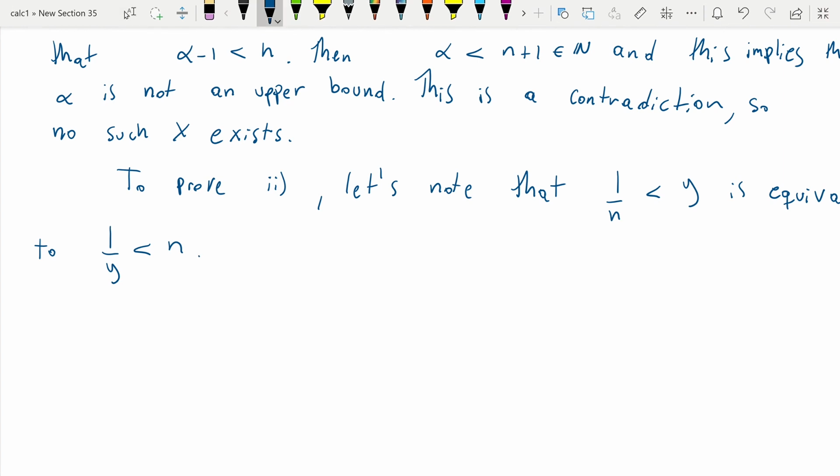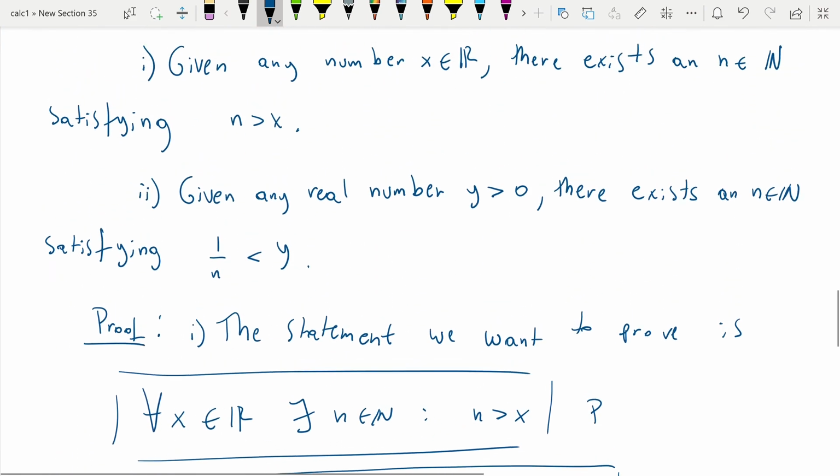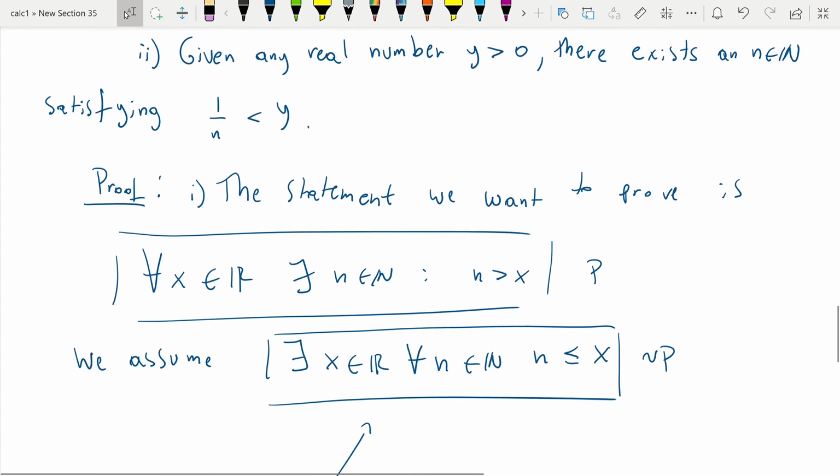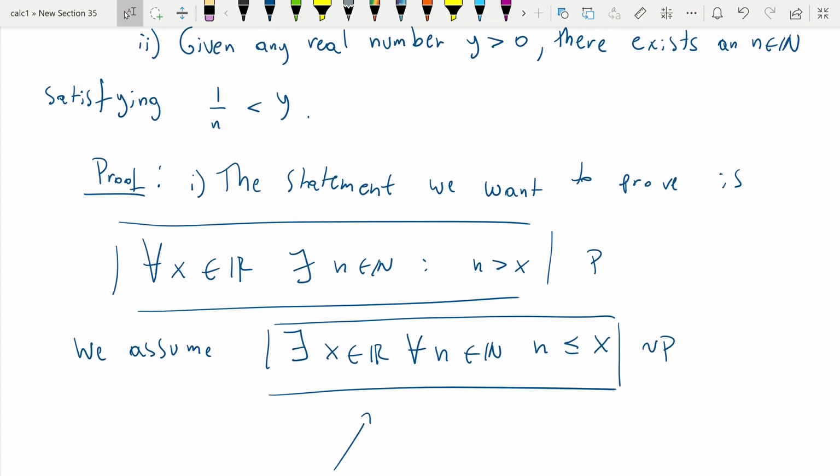Okay, so once we notice that, we can ask what this second property says. It says that given any real number y, there exists an n in N such that 1 over n is less than y. What is the first property? The first property is that for every x in R, there exists an n in N such that n is bigger than that. So we already have, from the first statement, the existence of an n in N that is bigger than any given number.